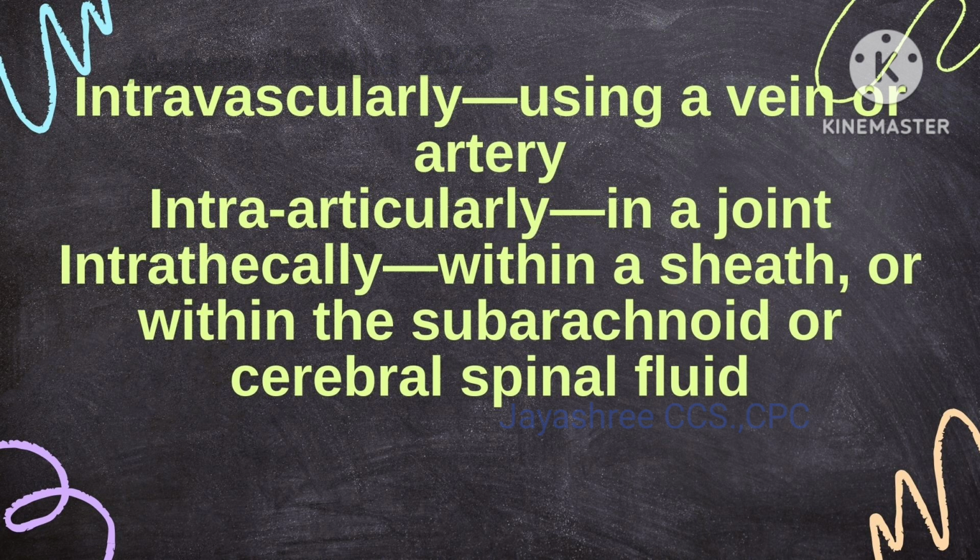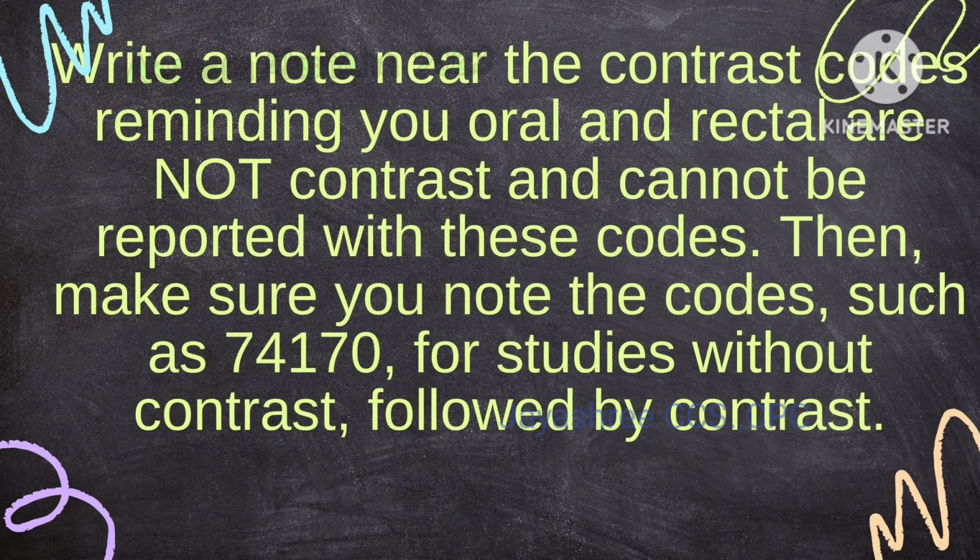Then sometimes we have to remember that in CT and MRI, in our CPT description, we have without contrast followed by with contrast. Let's see one example. Some studies such as MRI and CT scan may be performed without contrast followed by with contrast.